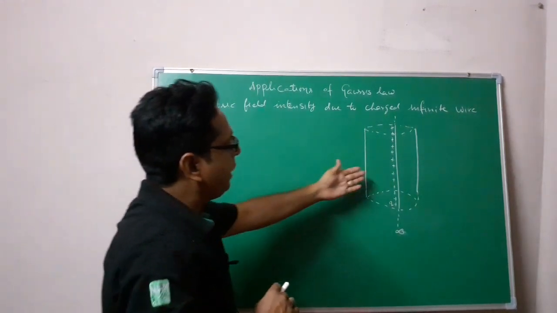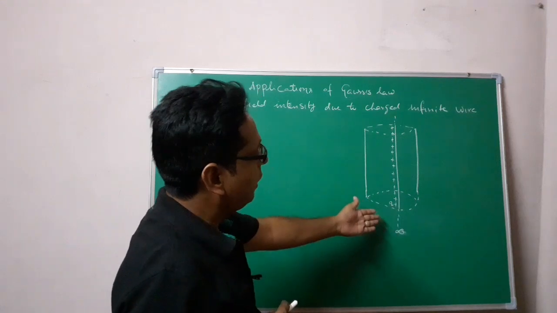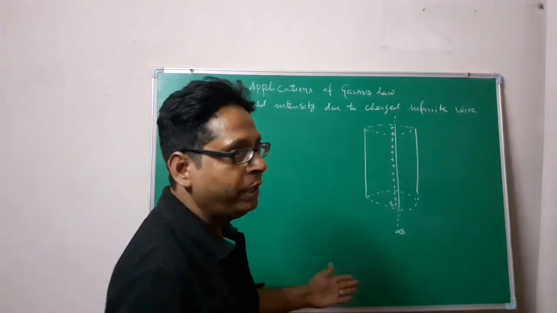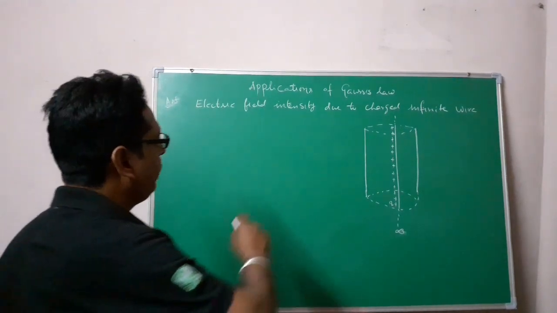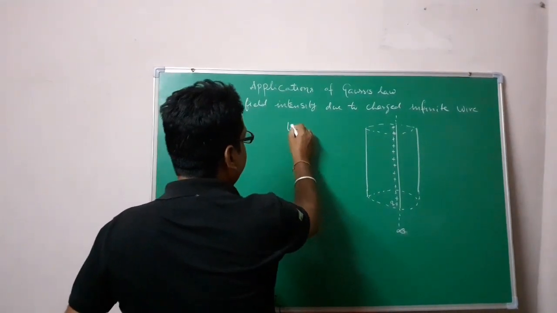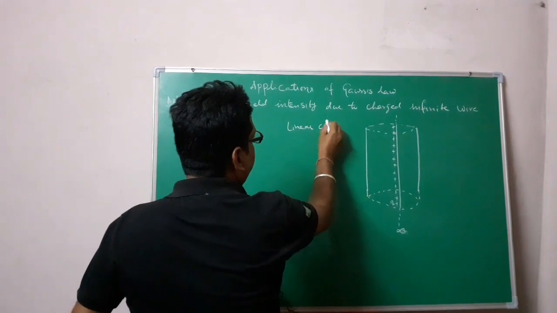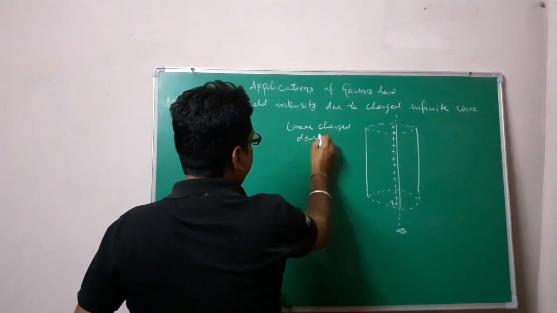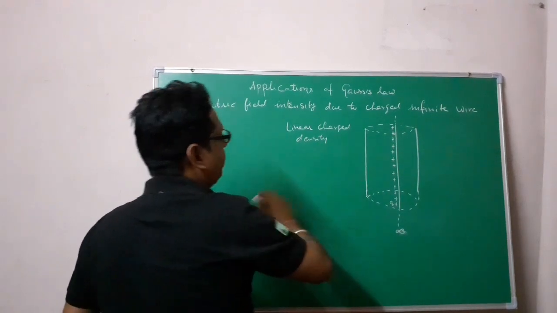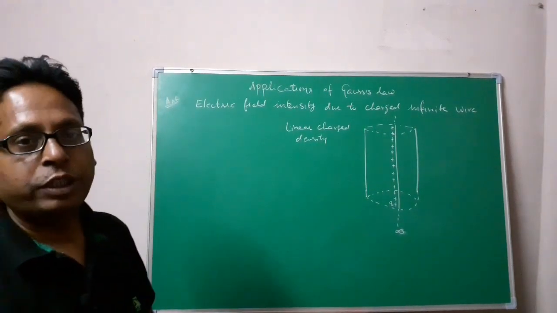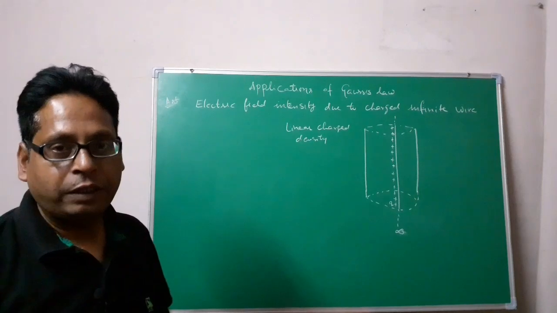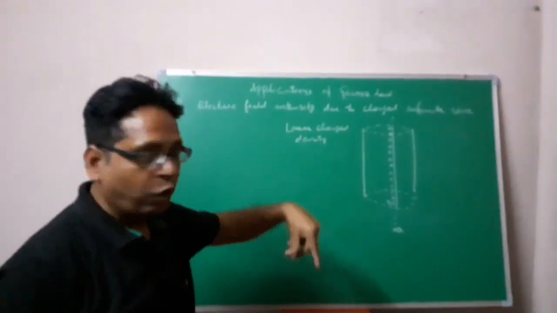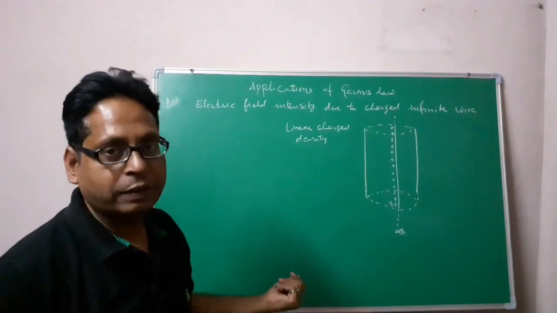Since the charge is distributed along the length, we will take linear charge density. As you know, we can distribute charge in three different forms: along a length, over a volume, or over a surface.